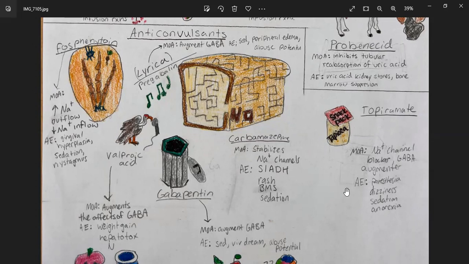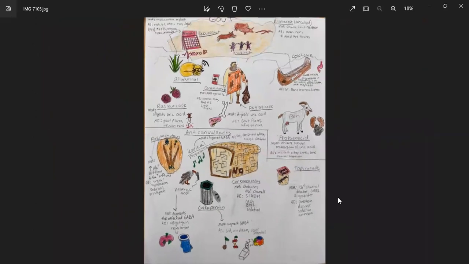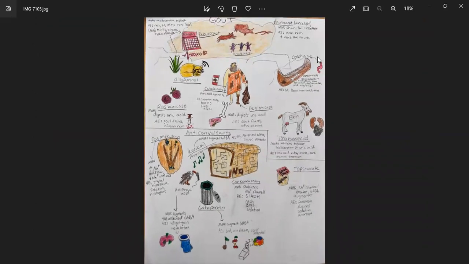Adverse effects are paresthesia, dizziness, sedation, anorexia. So basically, all the anticonvulsants either have to do with sodium channel blockers or GABA augmenters, and they all have similar side effects. And that is it for our musculoskeletal farm.